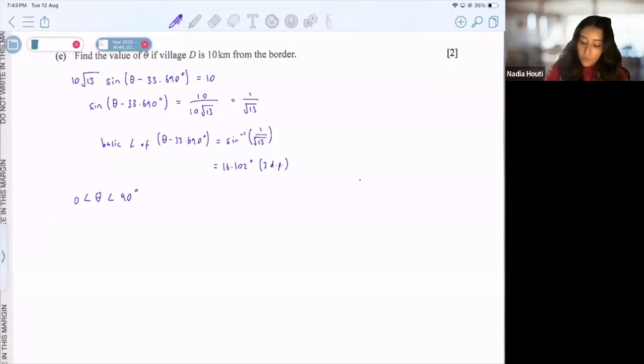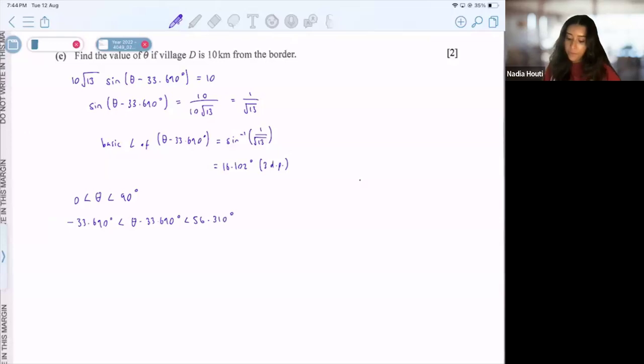So the range of values we're going to consider for theta minus 33.690 degrees is, we're just going to minus 33.690 degrees from the upper and lower end.